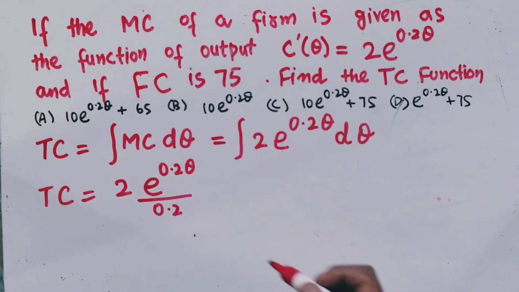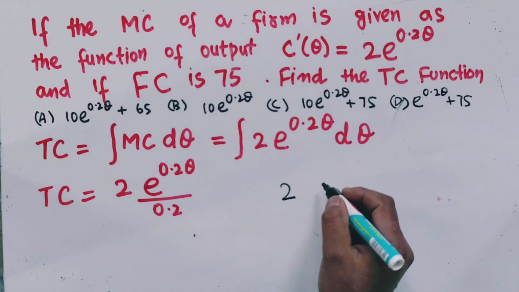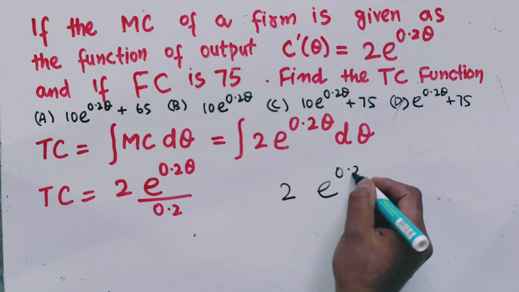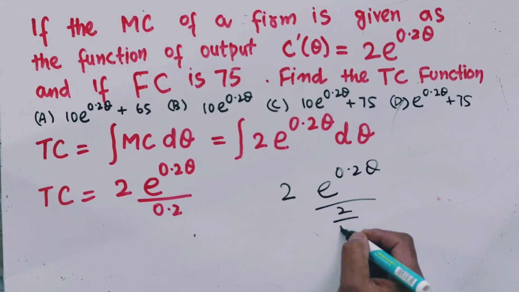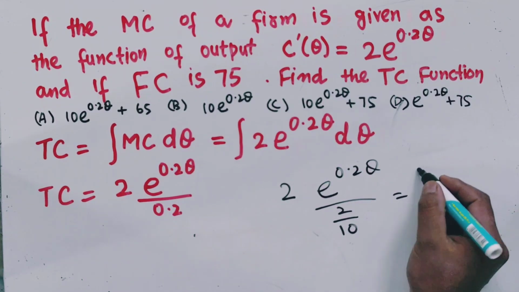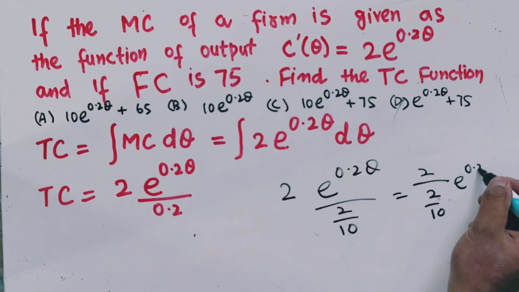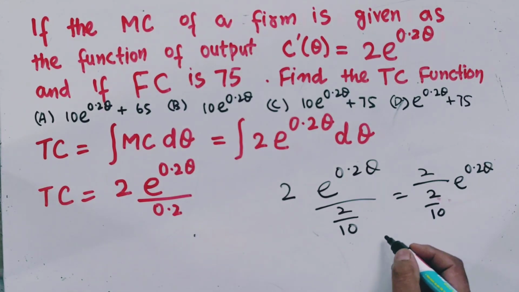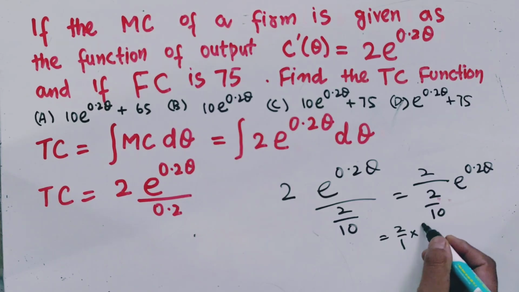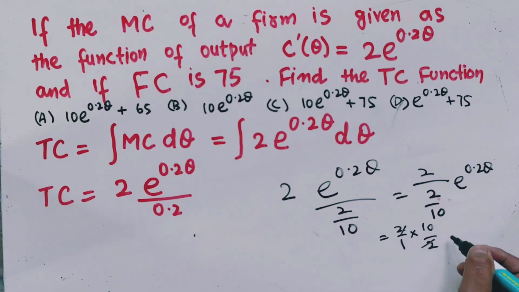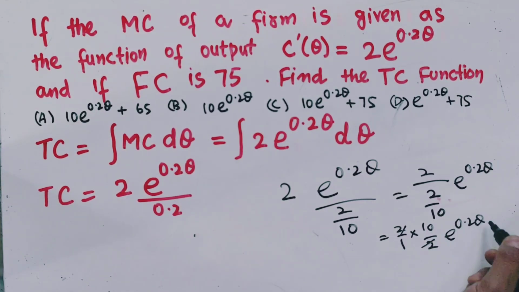To save space, we have 2 e raised to the power 0.2 Q divided by 2 upon 10, which equals 2 upon 1 into 10 upon 2 e raised to the power 0.2 Q.